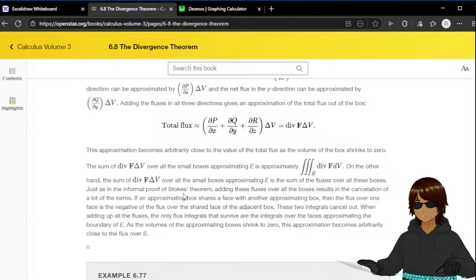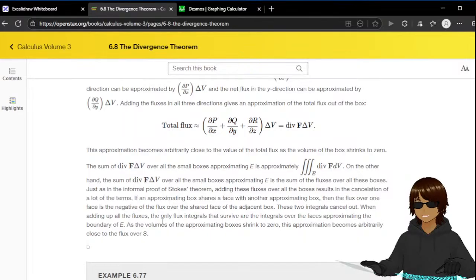Just as in the informal proof of Stokes' theorem, adding these fluxes over all the boxes results in a calculation of a lot of terms. If an approximating box shares a face with another approximating box, then the flux over one face is the negative of the flux over the shared face of the adjacent box. The two integrals cancel out.